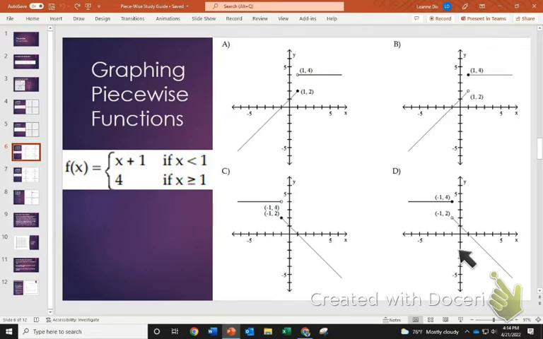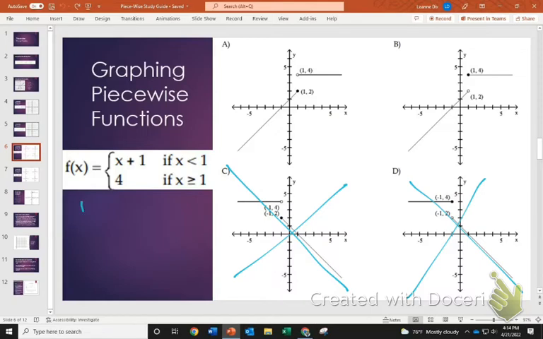On letter C, though, it actually jumps over to -1, and that is not what I want, so I can cross off letter C. Same thing with letter D. Again, it's over on the -1. And even though they're ones, they're not the same value. 1 does not equal -1. So we can cross these out, and now we're just left with an A or a B, which is really nice. That's the whole purpose of this, to have our process of elimination.